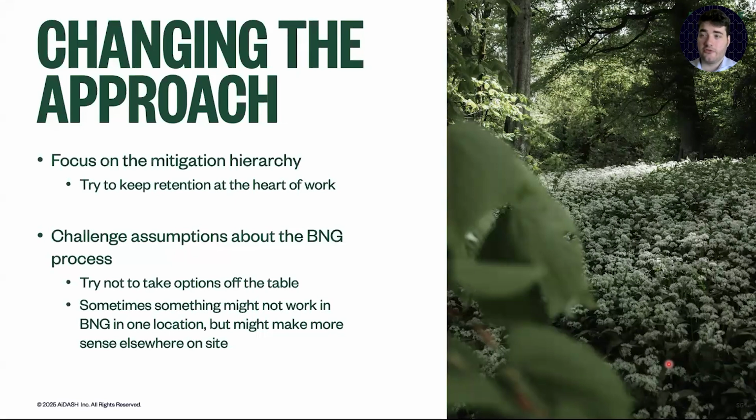I've seen lots of trends where people are trying to adjust red line boundaries to avoid working with rivers or ancient woodland, and sometimes that is what we need to do to get a site to be compliant. But generally, don't just assume that. Work it out.